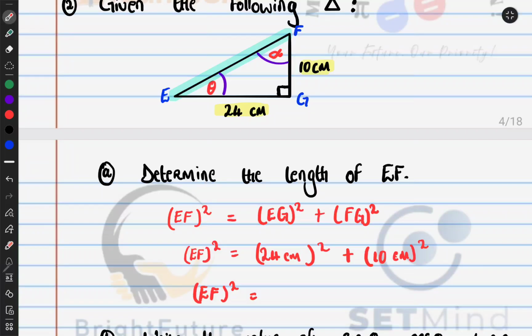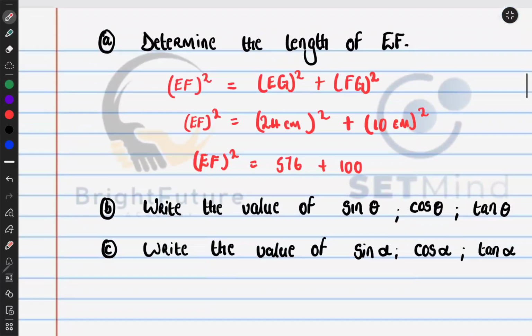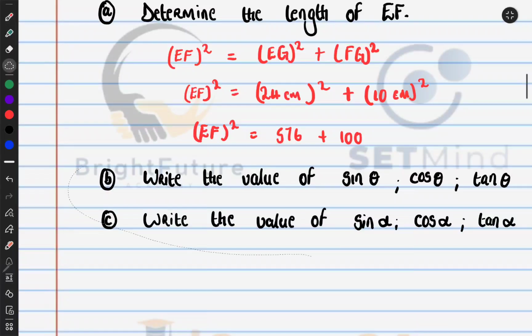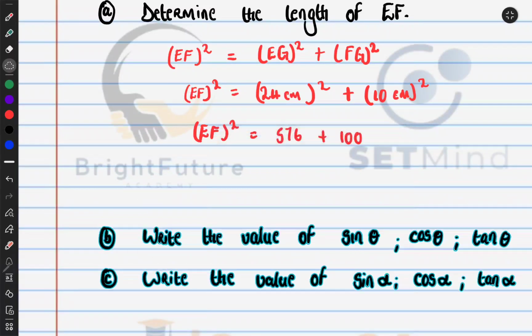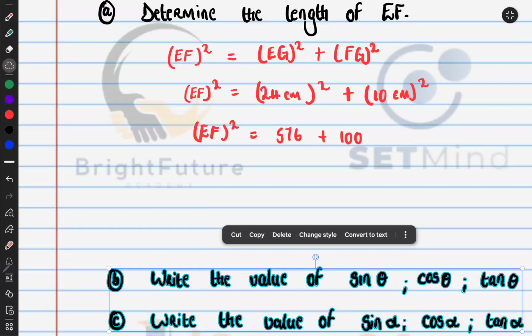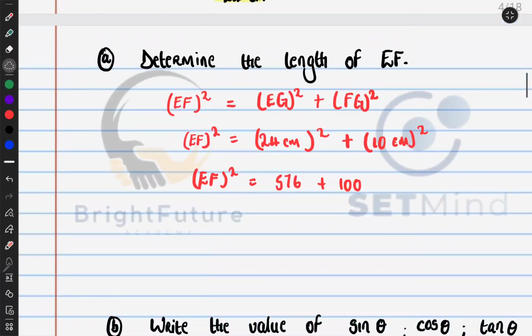24 squared. Let me quickly get my calculator. So 24 squared, punched into your calculator, gives you 576, plus 10 squared is 100. Therefore EF squared, what is 576 plus 100?